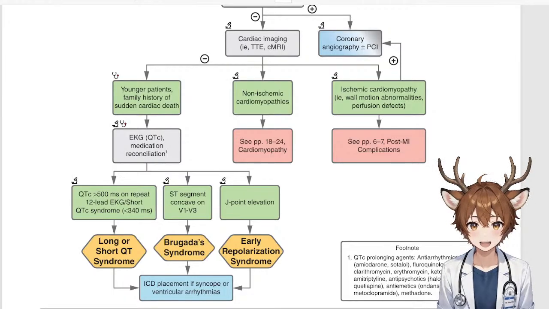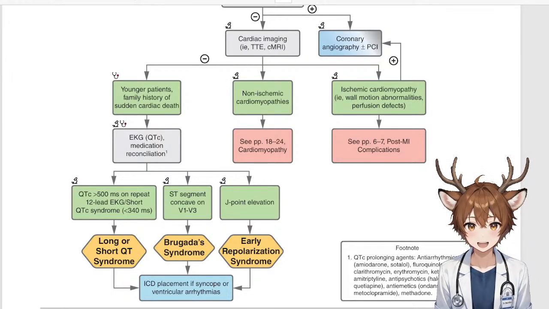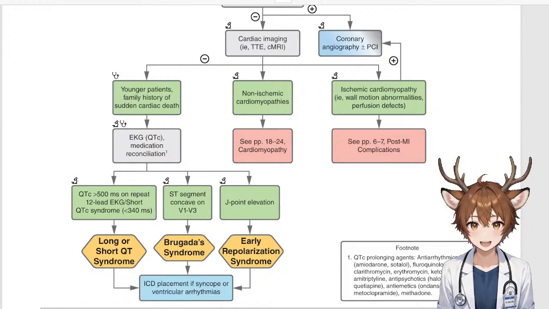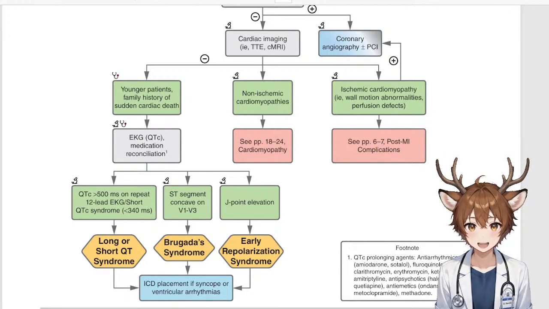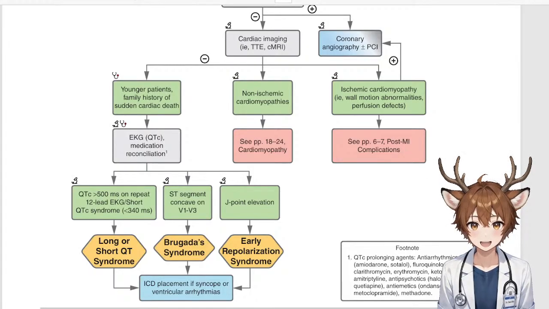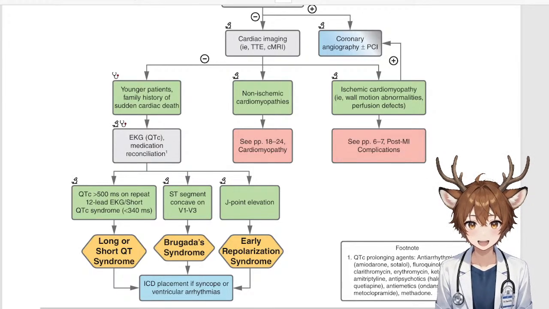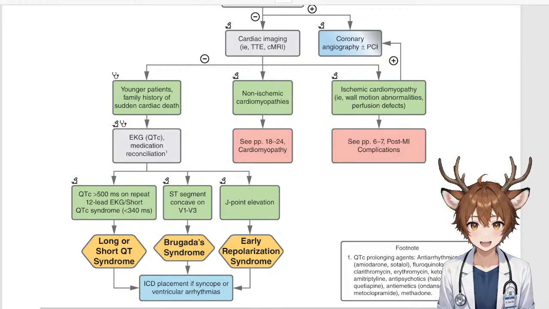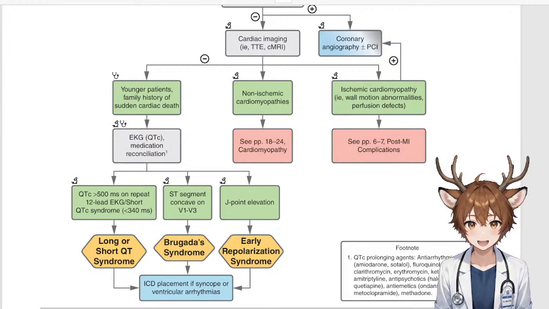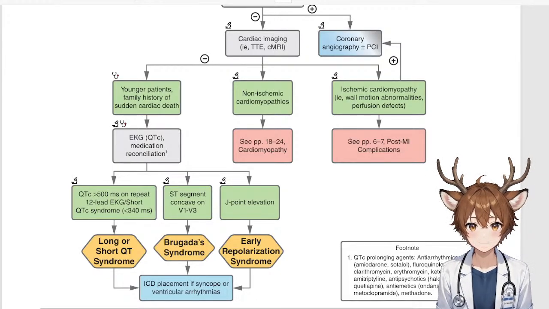QTc greater than 500 ms on repeat 12-lead EKG, or short QT syndrome, less than 340 milliseconds, in which case it's long or short QT syndrome. What about if the ST segment is concave on V1 through V3? In that case, it's Brugada syndrome. What if it's J point elevation, in which case it's early repolarization syndrome? In all three cases, ICD placement if syncope or ventricular arrhythmia.